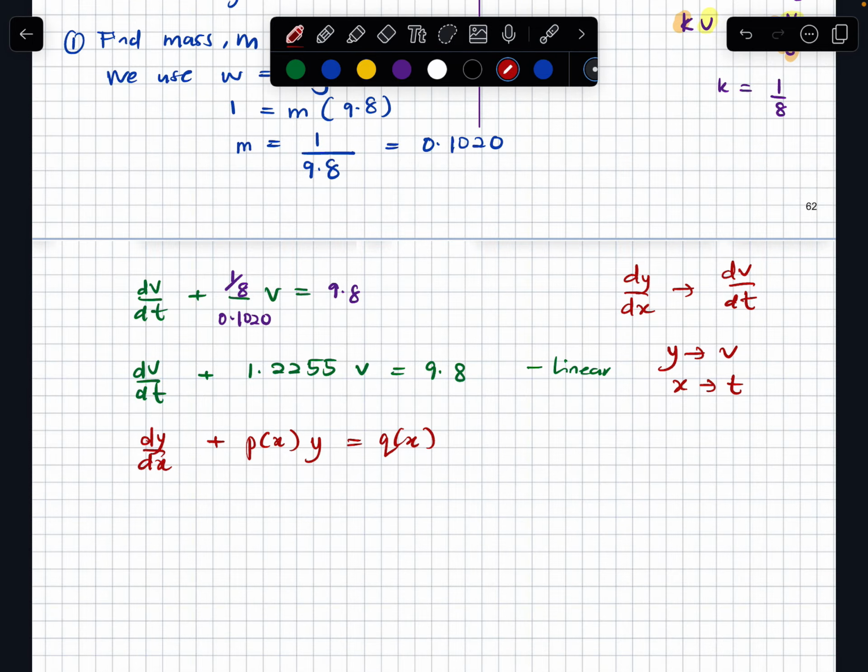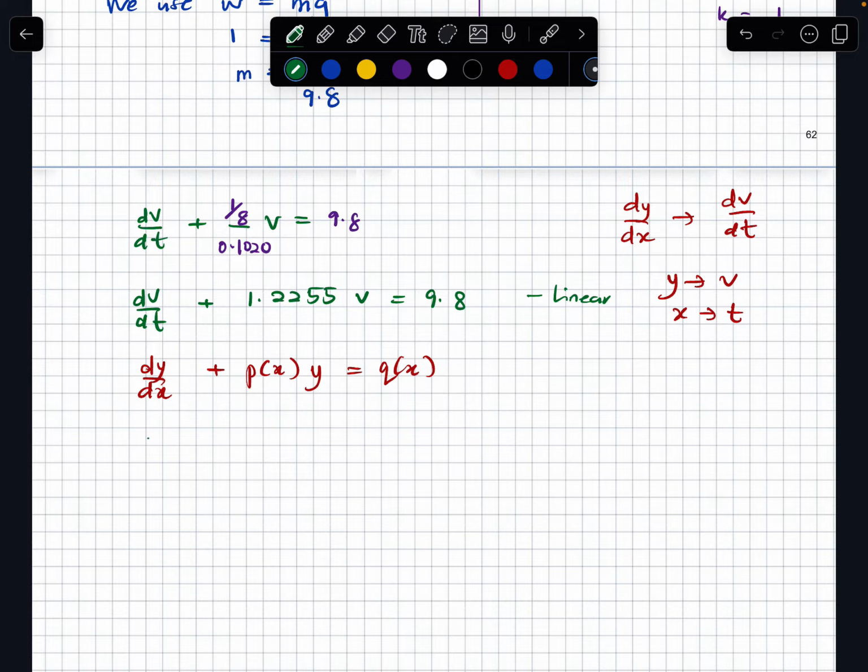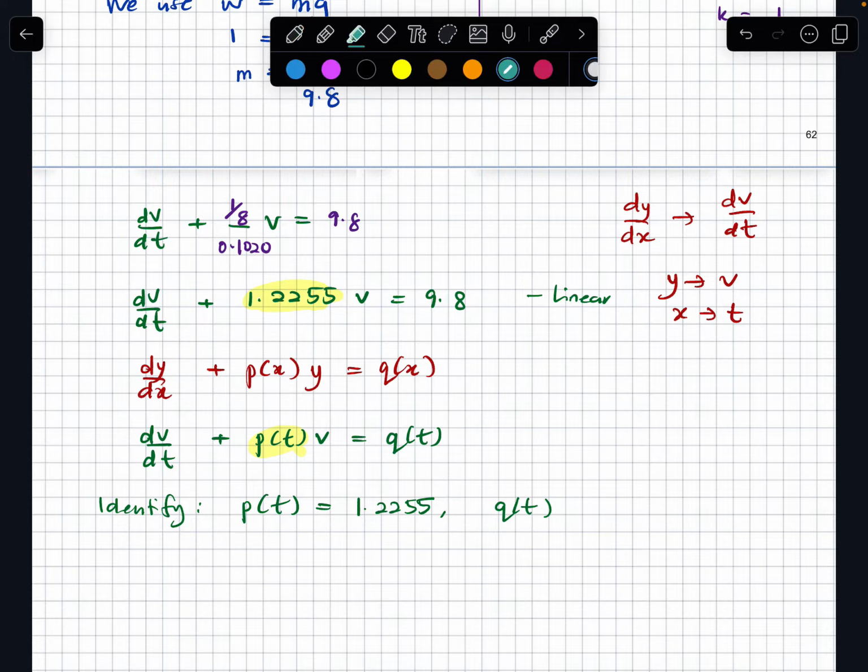So the format should be replaced as well. So this is dv/dt plus p(t)v equal to q(t). So first let's identify what is p(t). So p(t) here is the coefficient of v, which is 1.2255, and your q(t) is the right hand side of this, so it is equal to 9.8.